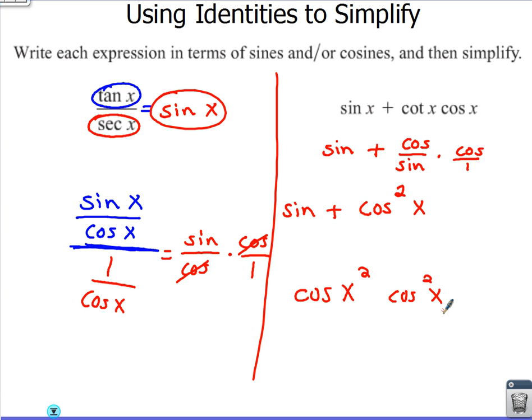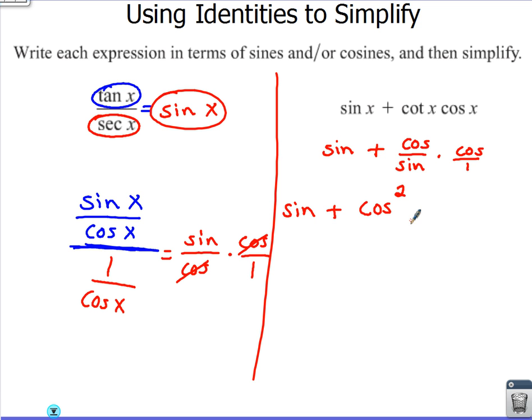In the second one, what's being squared is the whole cosine x. If you want to put that whole thing in parentheses, then that's the same thing. But anytime it's the whole cosine being squared, you put it on just the cosine. And that means not the x being squared, but the whole thing. But I guess we kind of addressed that a while ago with Pythagorean identities.